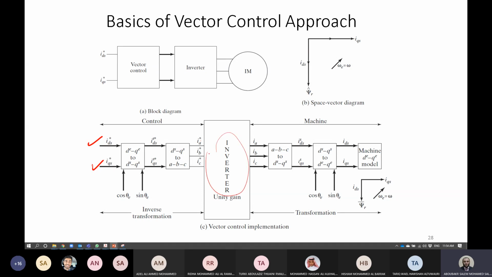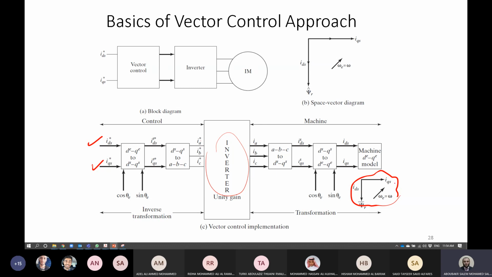How? This, inshallah, will be discussed in the next class. And finally, the motor output: this is now the inverter with the motor, shabab. The current of the inverter will be applied to the machine itself. So inside the machine itself, we will also need some other transformations to make ID and IQ move all the time with the synchronous frame.